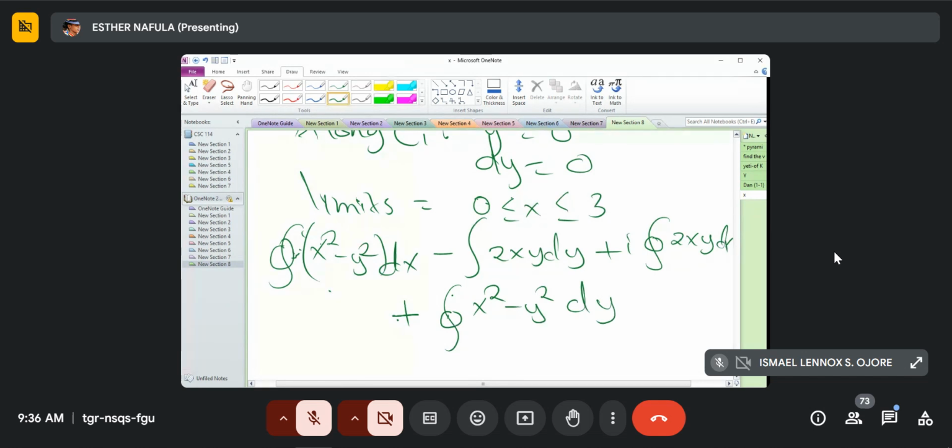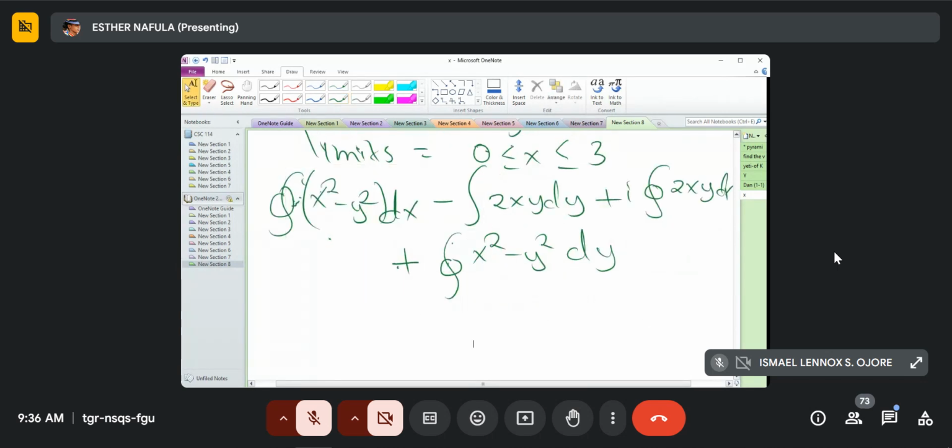So along C1, we have dy is 0 and y is also 0. So we integrate with respect to x from 0 to 3, x squared minus y squared, and y is 0, so minus 0 squared.